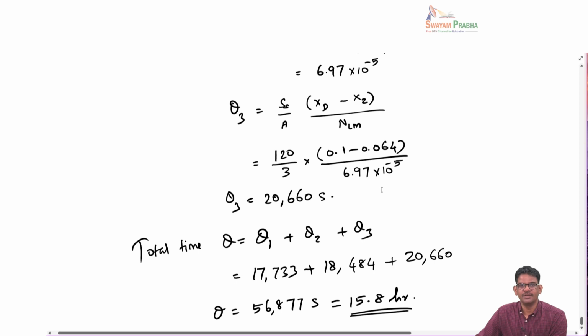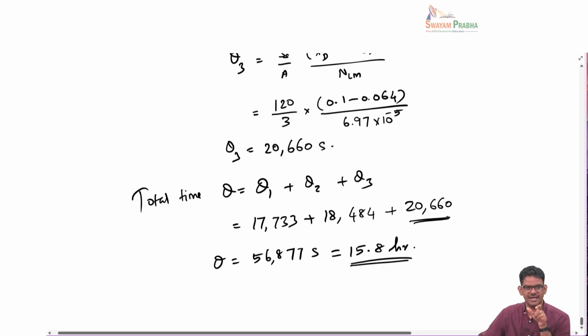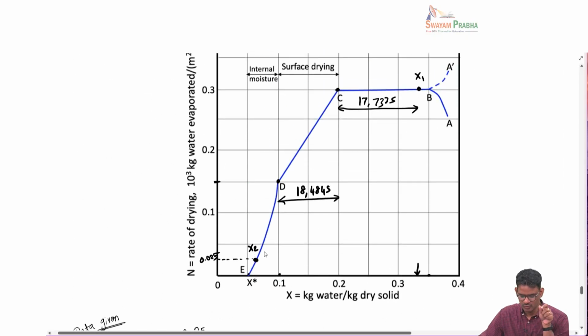Something interesting to note here is, if you look at these times, the highest time required is actually the last period, where the moisture content has to go from 0.1 to 0.064. So this change in moisture content is very little, yet it takes so long. That's because the driving force has now diminished.